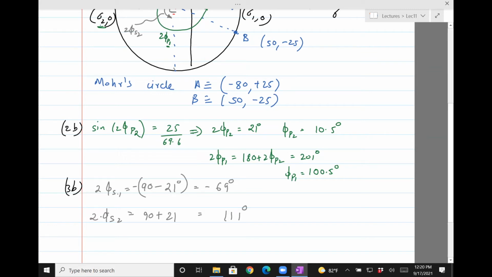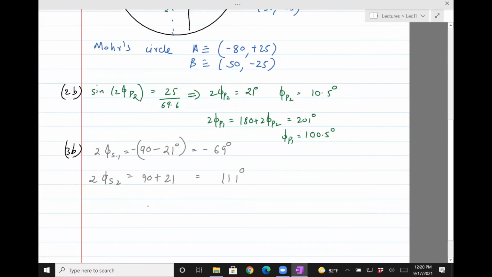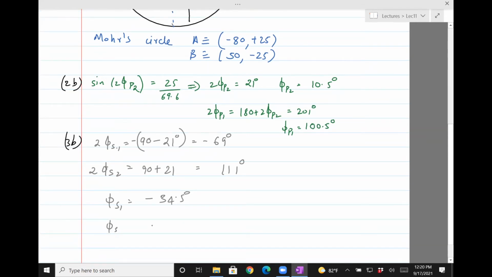Yes, that's right. Good catch. Yeah, 2 phi S2. And so from that, we can find phi S1, which is minus 34.5 degrees. And then phi S2 is half of 111, so that's 55.5 degrees.